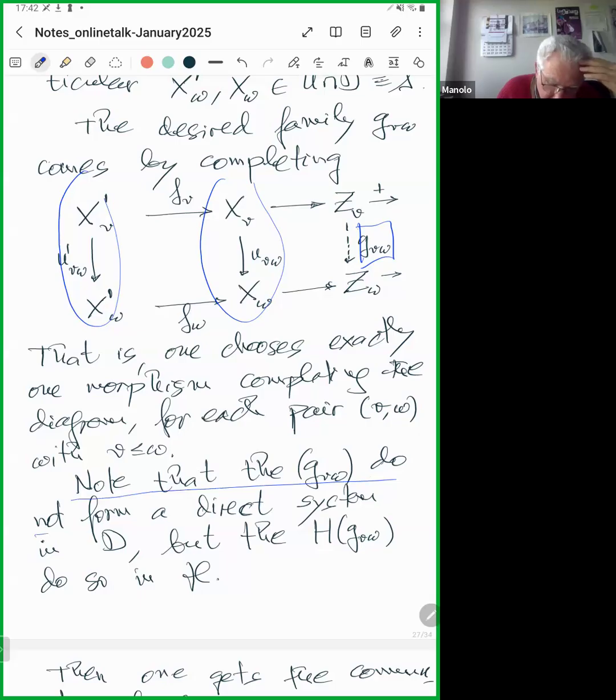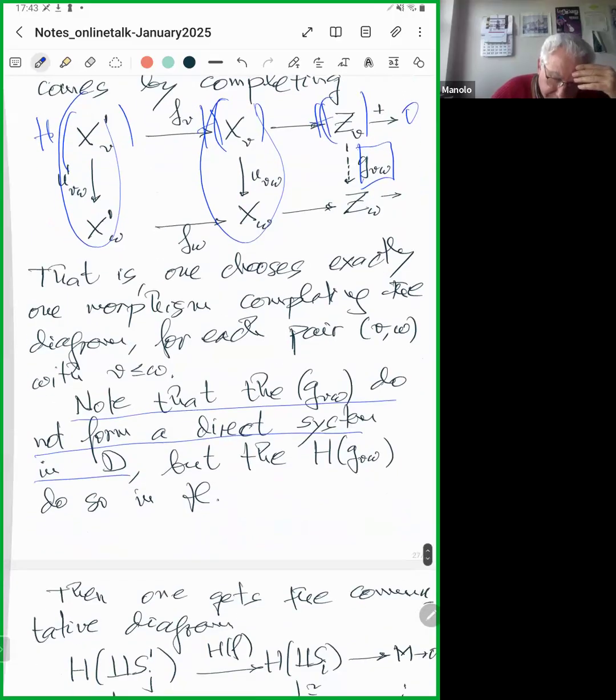this is not a direct system of morphisms in D, but when you apply H, it becomes so, because if you apply H to this part, then you have a unique map by the universal property of cokernel. Remember that when you apply H here, it becomes 0 here. So by the universal property of cokernel, H of G nu W is precisely the only map that completes that.